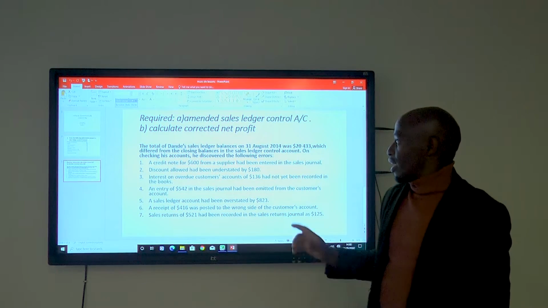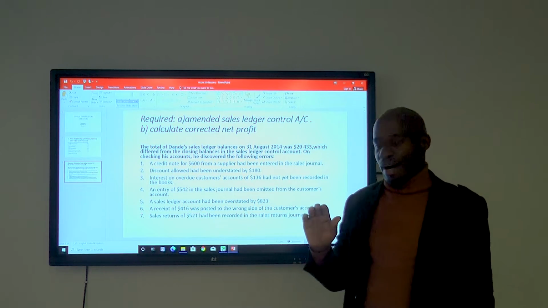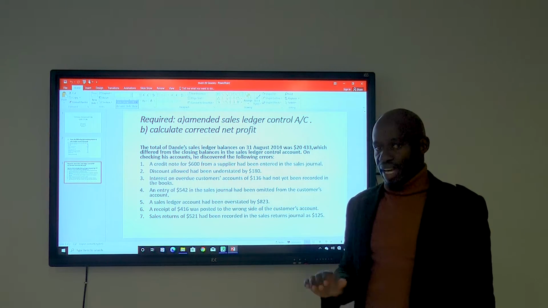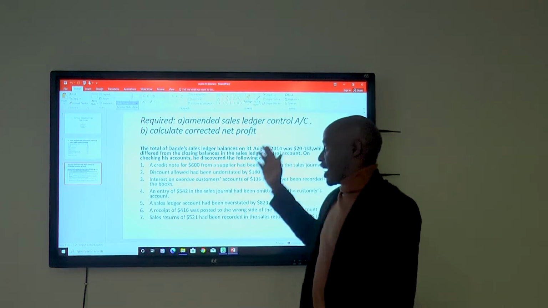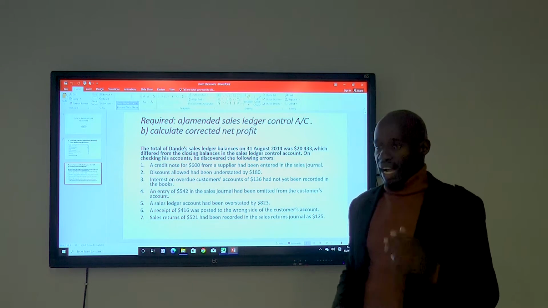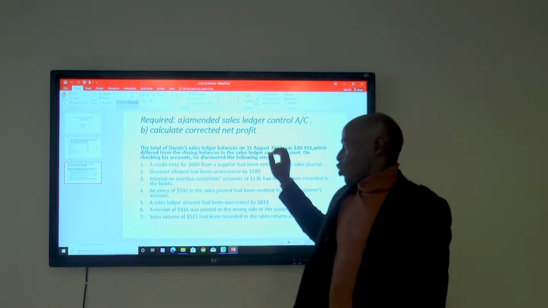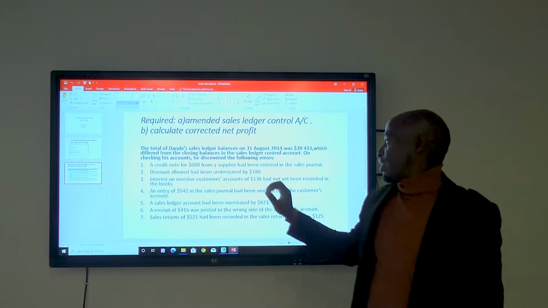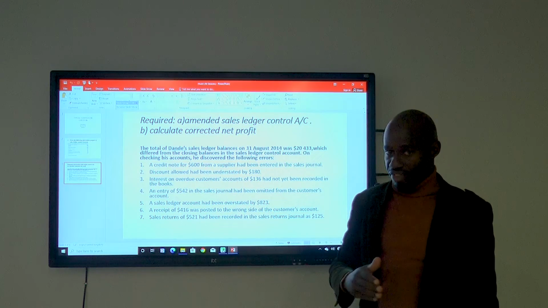If we realize that an error is done in the book of original entry, that error is going to affect both the sales ledger control account and the personal account, or the personal ledger. Now, if the error occurs in the control account only, the personal ledger is not going to be affected.